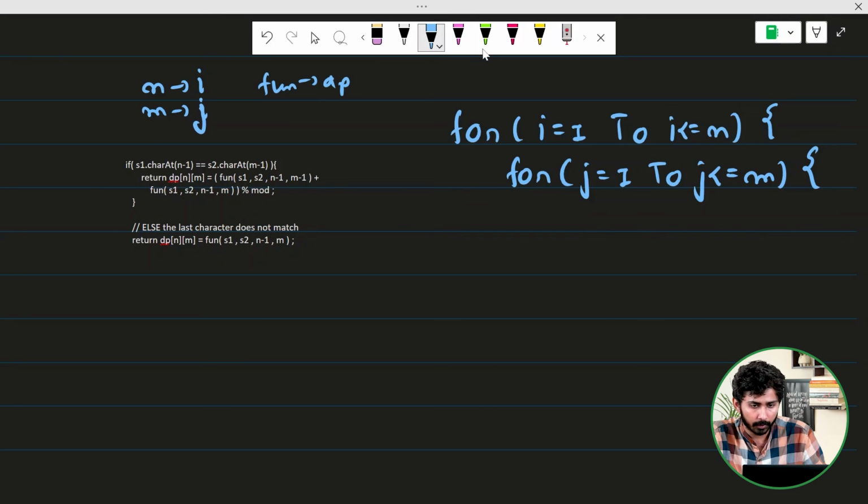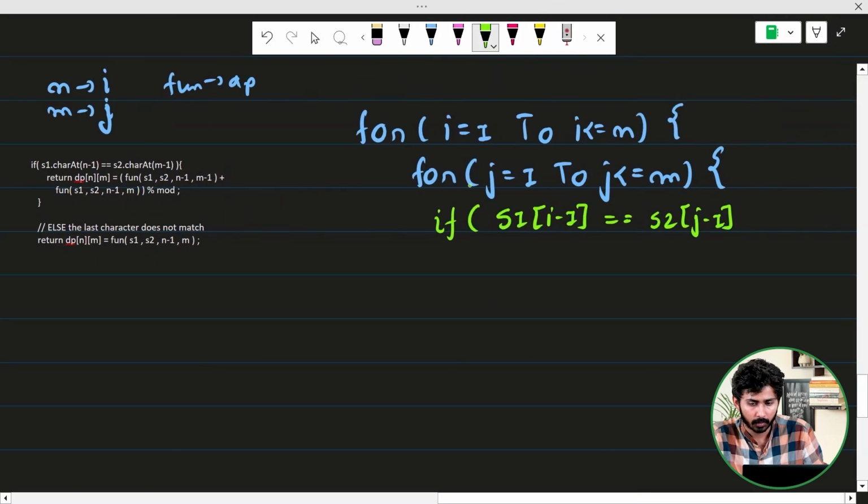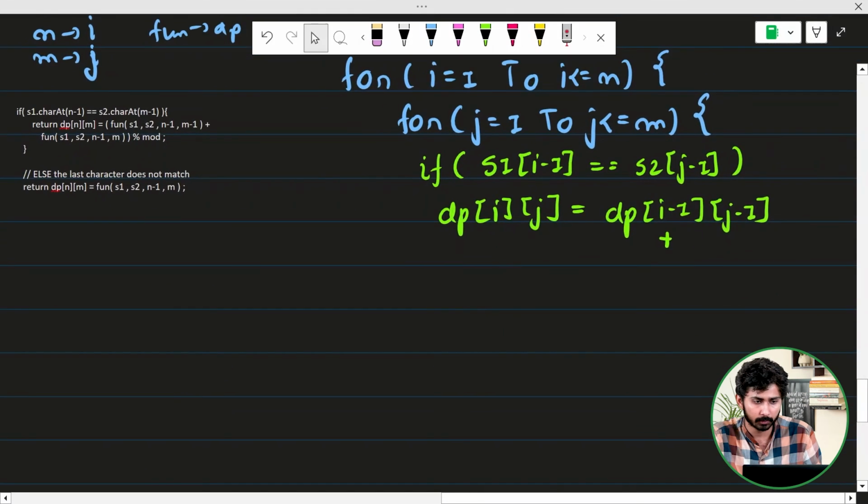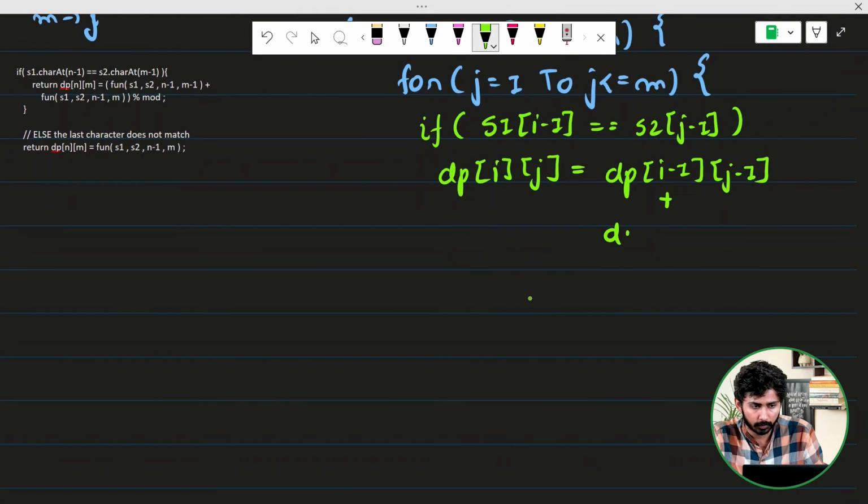So if s1 of i minus 1 equals s2 of j minus 1, then what does it mean? It means that dp of i comma j is equivalent to dp of i minus 1, j minus 1, plus dp of i minus 1 and j.